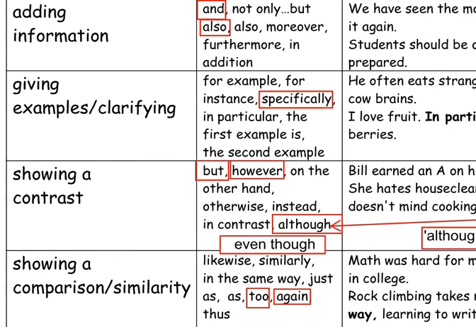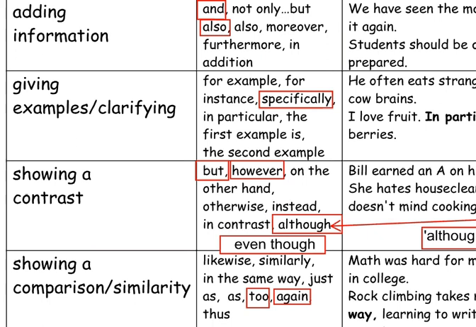So for example, we would not say Miami is hot, although Buffalo is cold. Cold and hot are direct opposites. So in that case we should say but or however to show a strong difference.